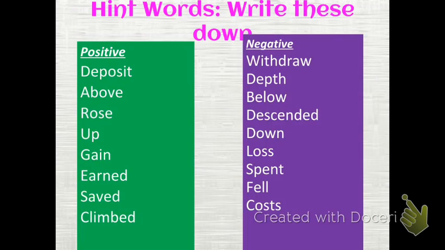On that page, I want you to write down these hint words. Okay? So I want you to list, just make 2 columns for yourself. So you have positive numbers and negative numbers. Words that mean positive are the following. So I want you to list them really quickly. I'll read through them to make it a little faster for you.